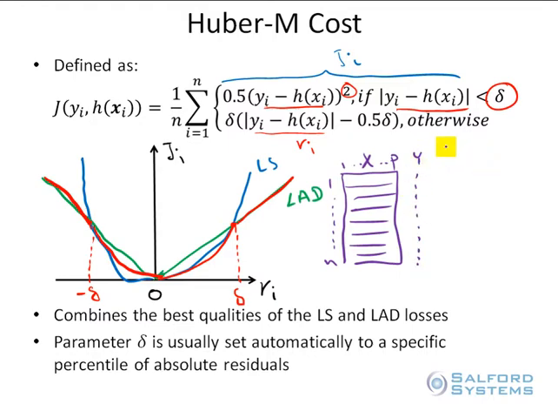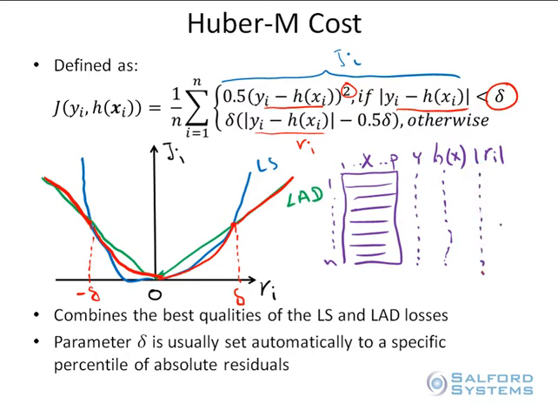And the machine learning algorithm generates this hypothesis or response surface H of X. And knowing Y and H of X, in the case of regression H of X is directly interpretable as Y. So now you can calculate the residual and take the absolute value.